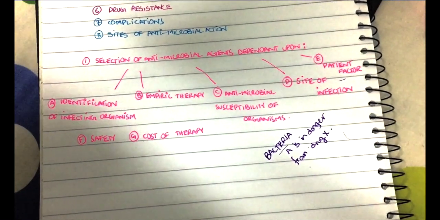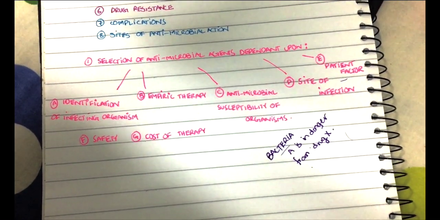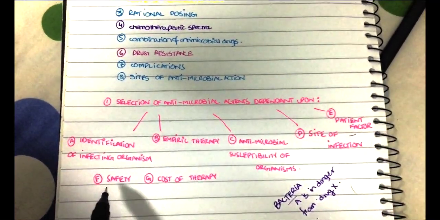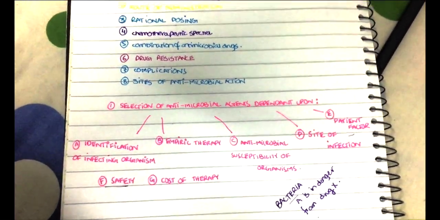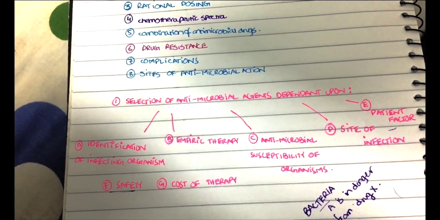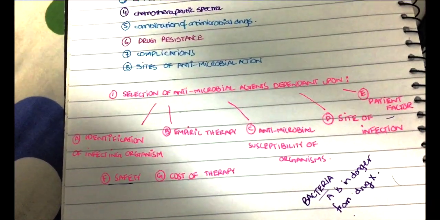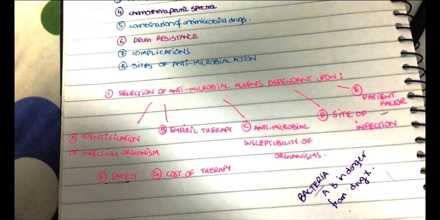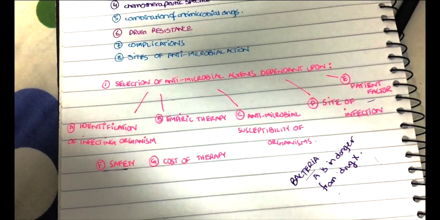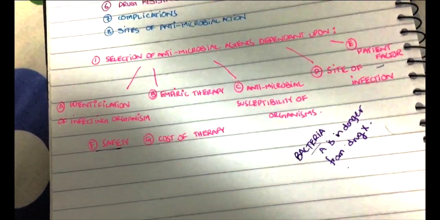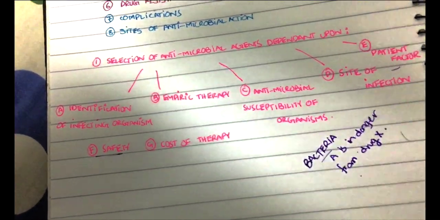We have to check these factors before prescribing a drug to a patient. Okay, the sixth point is the safety of the drugs. Some kinds of drugs do have side effects like allergic reactions, hypersensitivity, toxicity, rashes.